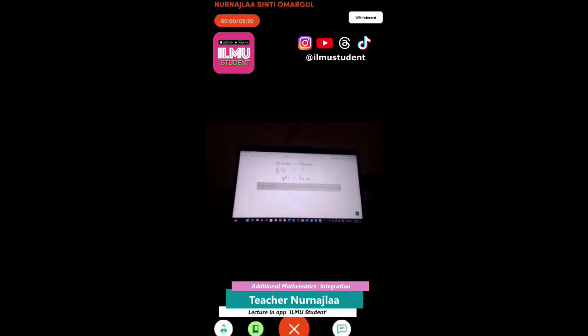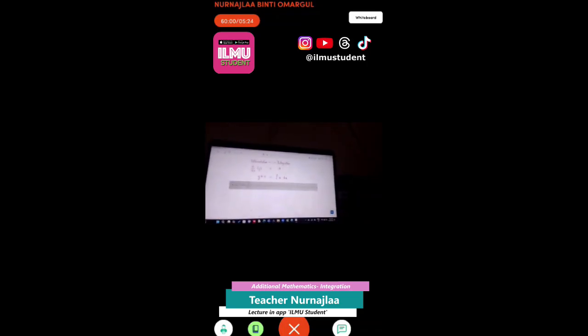This is for the indefinite integral. I don't have the upper and lower limits over there, so I need to add C at the end of the answer, like this. So the question asked, given that d/dx of 7x is equal to g(x), find the integral of g(x) dx.